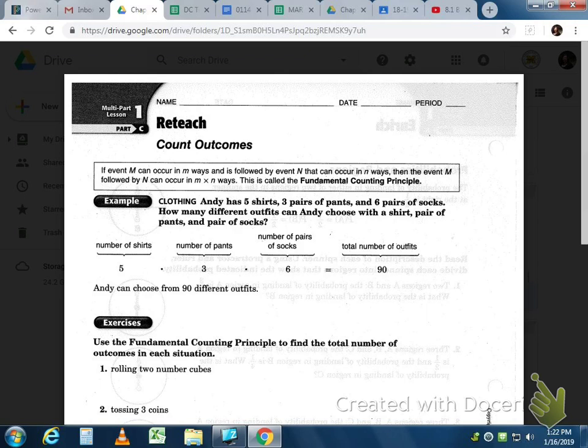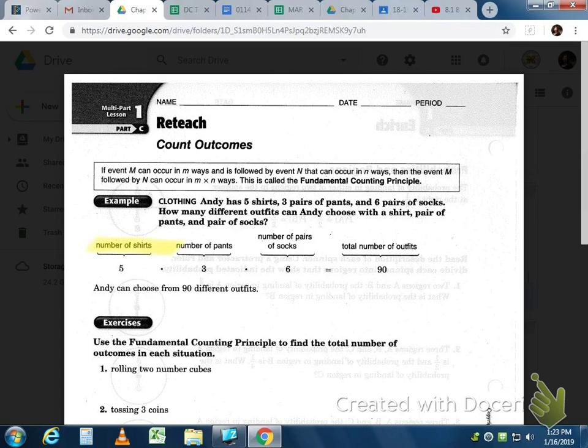Look at that first example. Andy has 5 shirts, 3 pairs of pants, and 6 pairs of socks. How many different outfits can Andy choose with 1 shirt, 1 pair of pants, and 1 pair of socks? You need to set this up as a multiplication problem, and I would definitely label each choice.